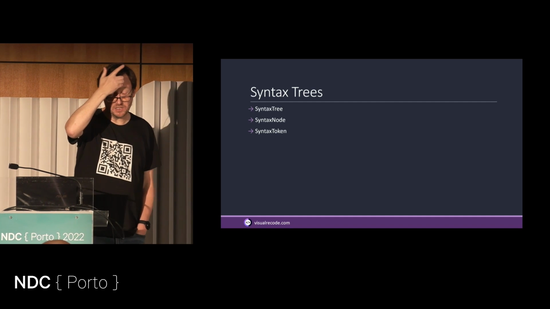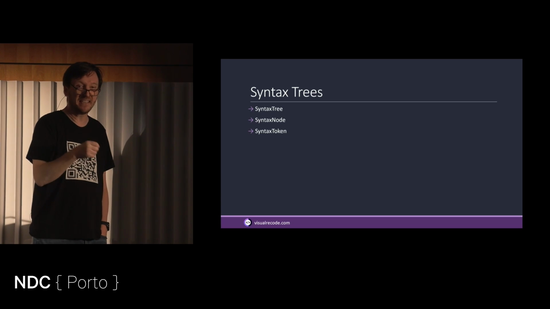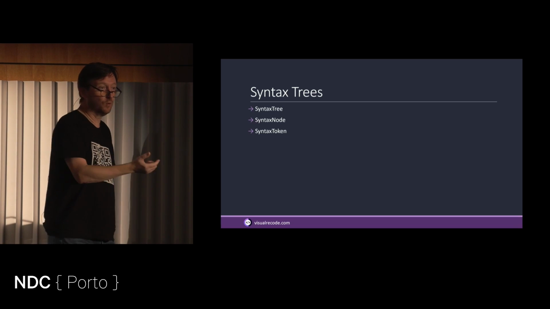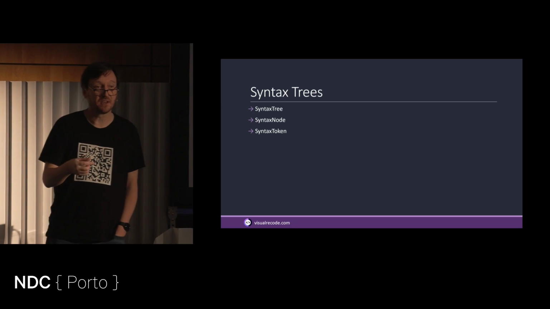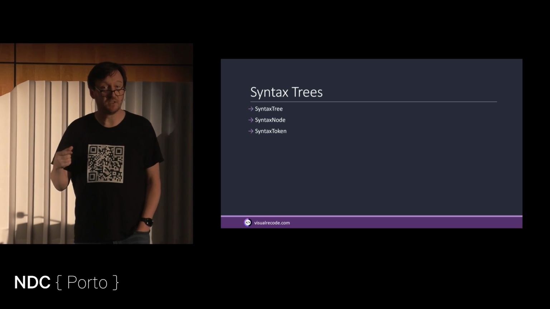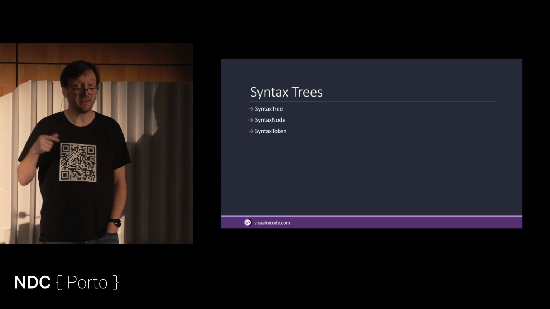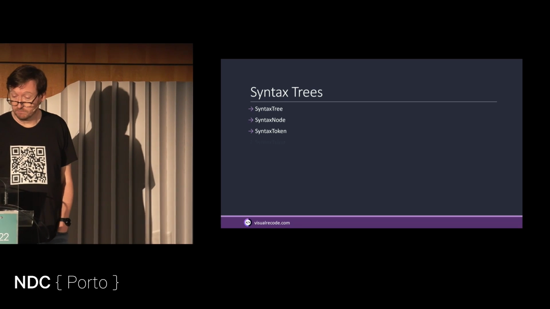And then we have tokens within that. So a token is something like an identifier. So a node might say, I am a property declaration syntax, and within that node, there is a token, which is the identifier, which is the name of the property. Or it could be a semicolon.